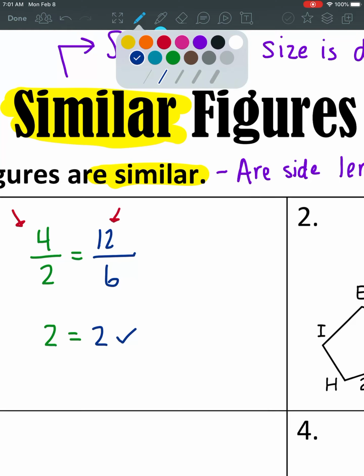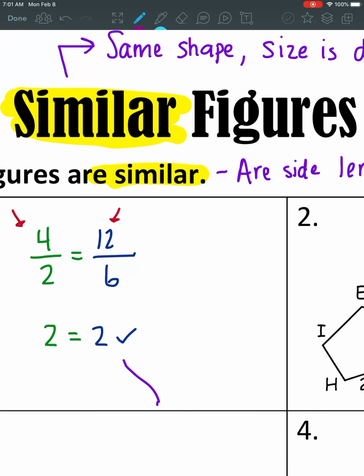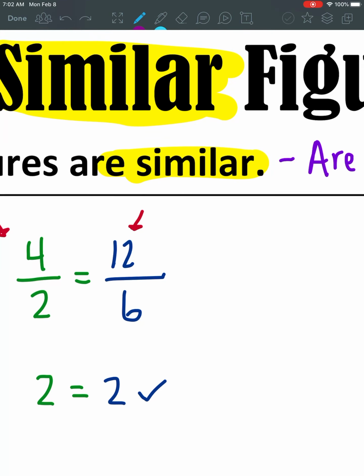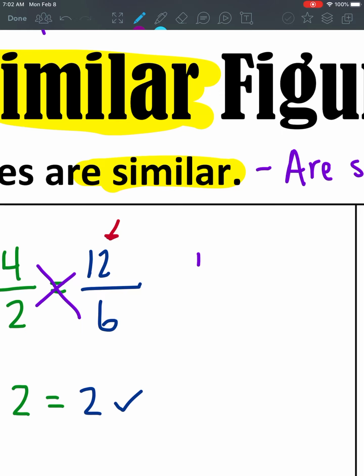Now the other way, I also want you to write this down, because unfortunately not always do they simplify to perfect whole numbers like that. But remember the cross products. If we multiply the two diagonals, so one diagonal is 4 times 6, the other diagonal is 2 times 12, and those could go in any order.